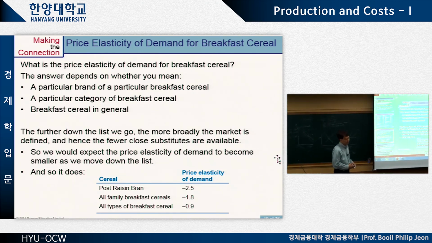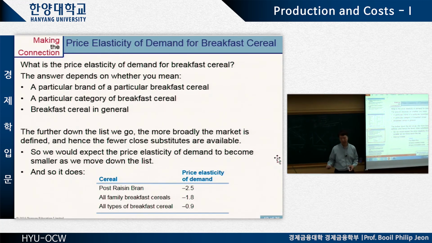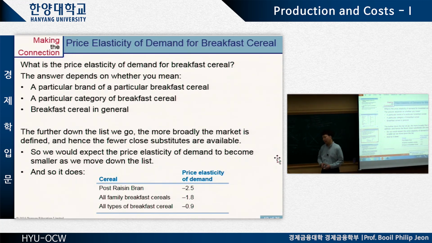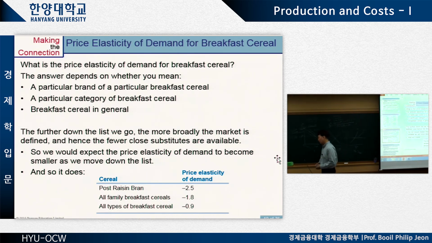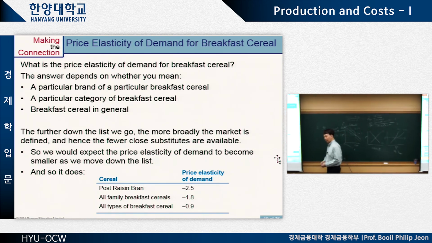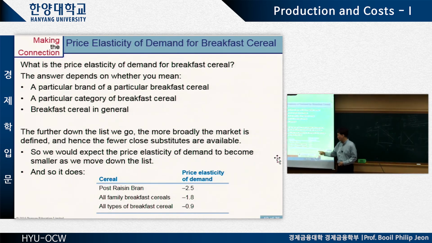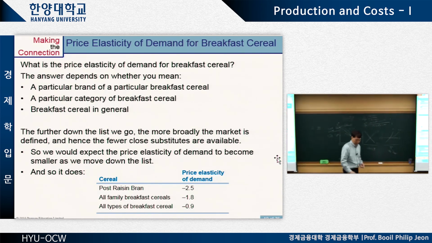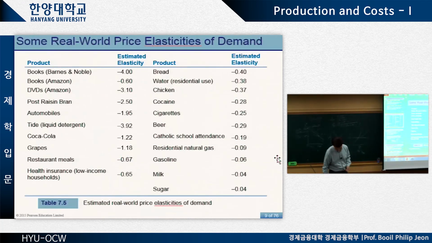But there are literally hundreds of different brands among this breakfast cereal, so the Post-Raisin brand has many close substitutes. So that's what makes the elasticity higher.